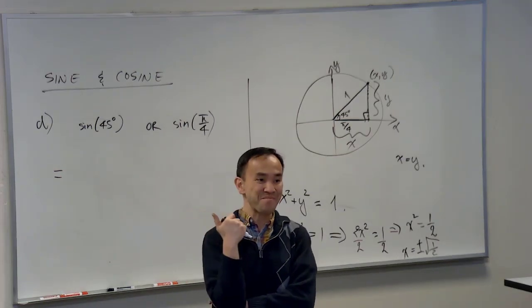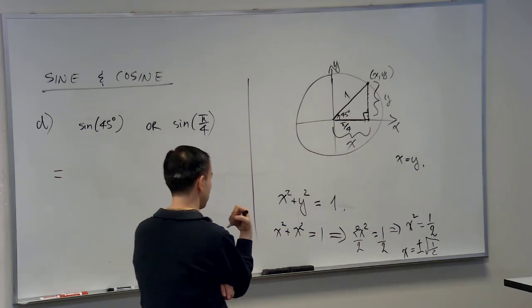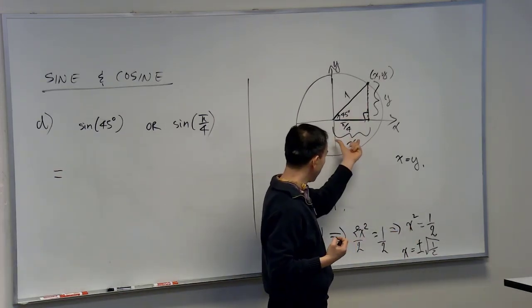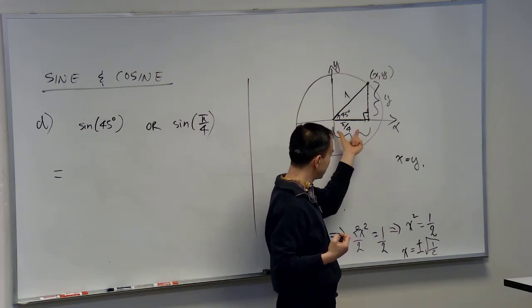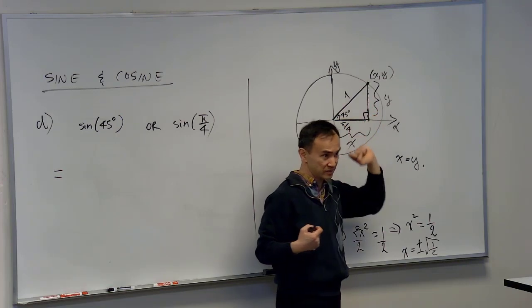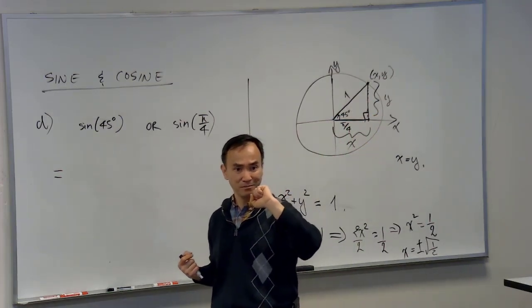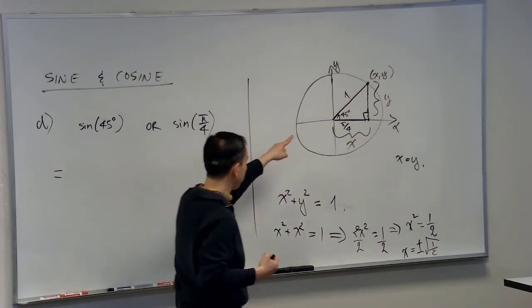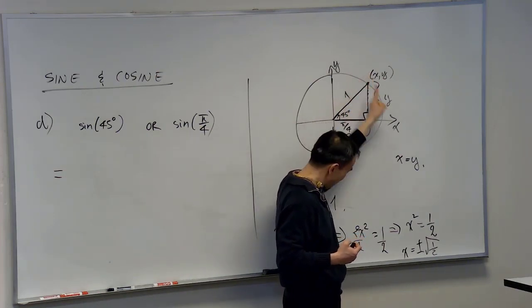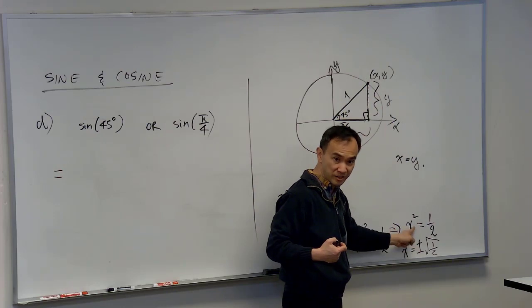Agreed? But here's the thing. We have to make one choice only. Now, is our x value a positive x value or a negative x value, given how our point looks? It should be positive, because in the position where I put my terminal point, the x value must be positive instead of negative.